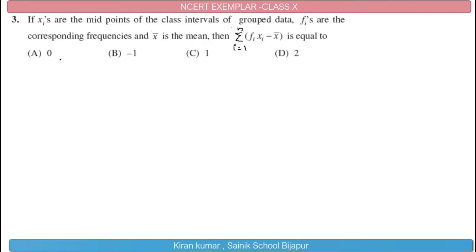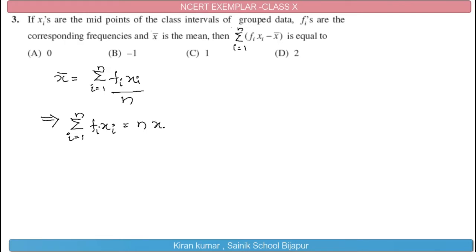By the basic definition, we know that mean x bar is equal to sigma i from 1 to n fi xi upon the total number of frequencies. So I can write summation i from 1 to n fi xi as n times x bar. Let me call this equation 1.